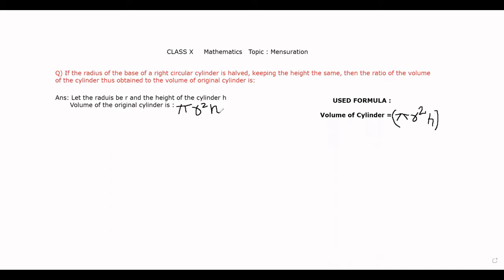So this is our original volume of the cylinder, which is pi r square h.